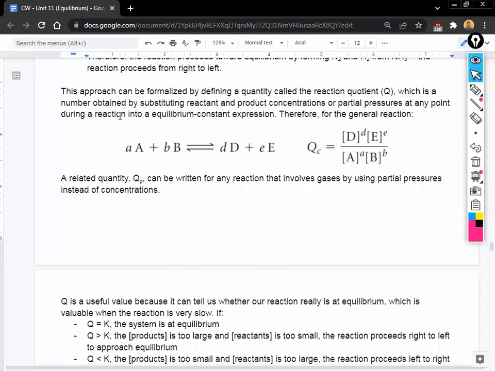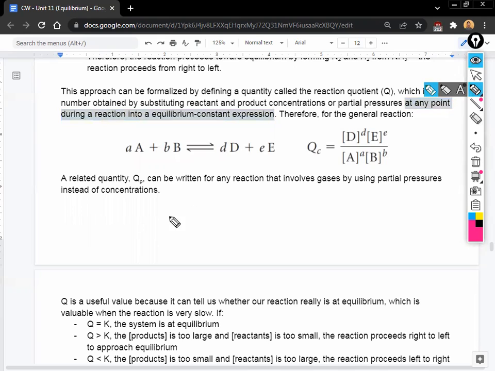Okay, so when we take a look at an equilibrium constant like this, we can use a quantity called the reaction quotient, and we symbolize that with Q. Q is a number obtained by substituting the reactant and product concentrations at any point during a reaction into the equilibrium constant expression. So basically, this is the ratio between products and reactants before they reach equilibrium.